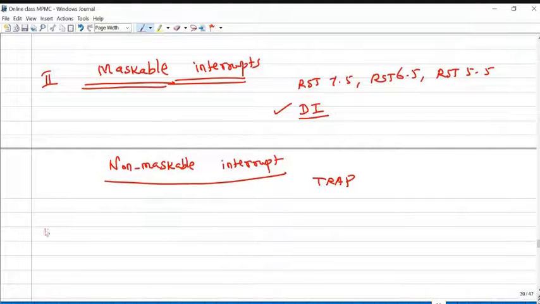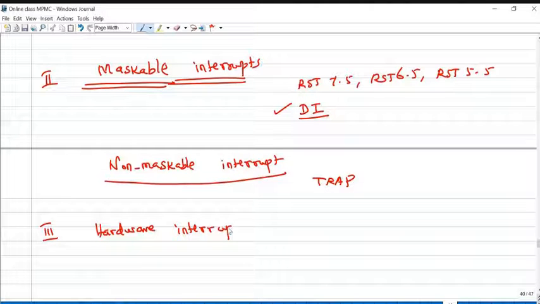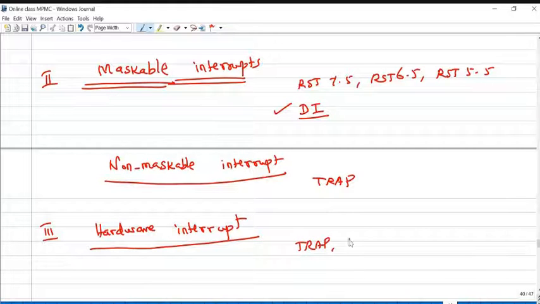And the third classification of the interrupts: hardware interrupt or software interrupt. Hardware interrupts are trap, RST 7.5, 6.5, 5.5, and INTR.